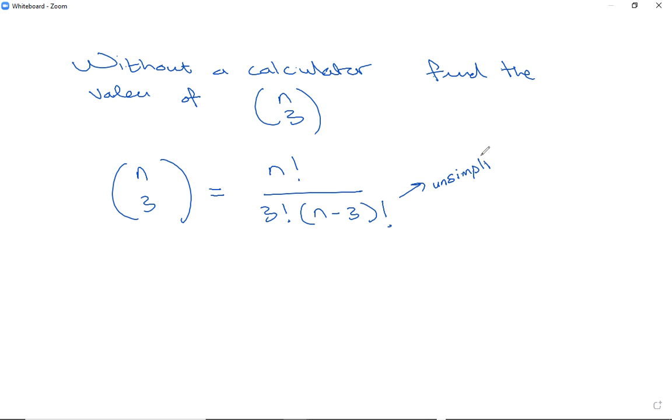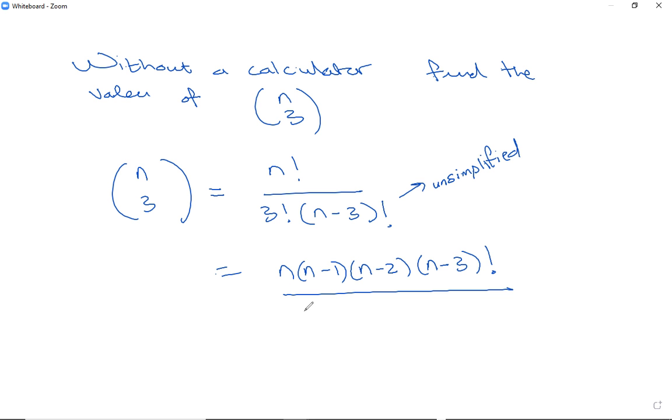And by that, you'll see n factorial is basically like 3 factorial, 3 times 2 times 1. 4 times 3 times 2 times 1 is 4 factorial. 5 times 4 times 3 times 2 times 1 is 5 factorial. So n factorial is simply going to be that number n multiplied by 1 less than itself, then 2 less than itself, and then obviously 3, 4, etc., which means I can rewrite the numerator as that.